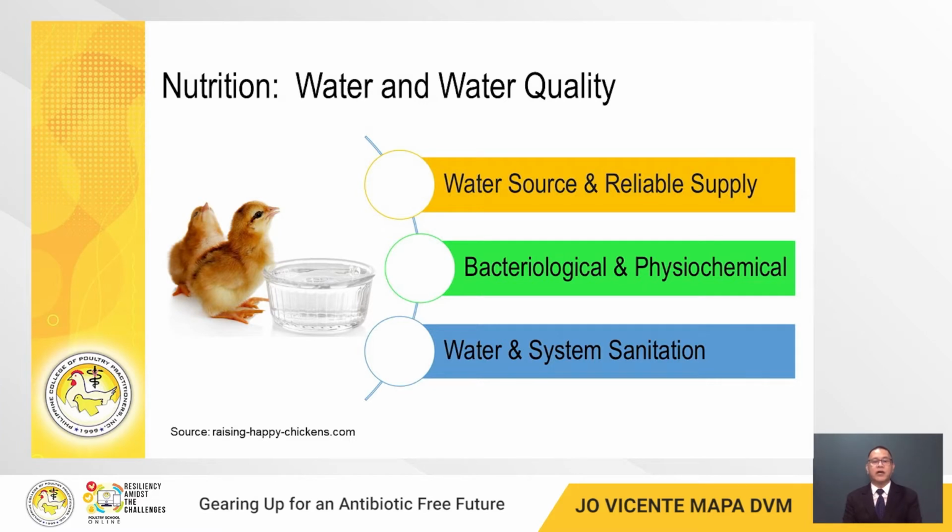The first requirement whenever we build a farm must be an adequate supply of water, particularly during the summer season. In choosing the farm location, this should be a priority in the list. We also have to check the bacteriological and physiochemical characteristics of the water supply so that we can take the necessary steps to make sure that the water quality is acceptable.